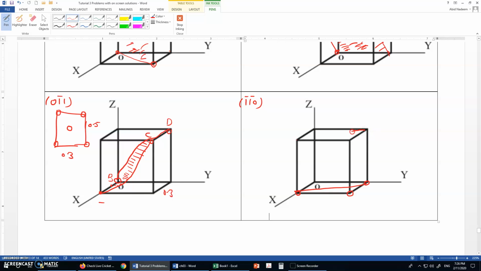Okay, so I can join, and I can shade it. So this is the approximate shading for this plane.